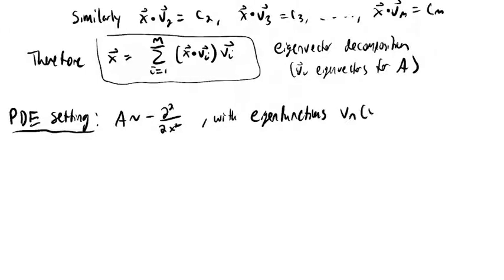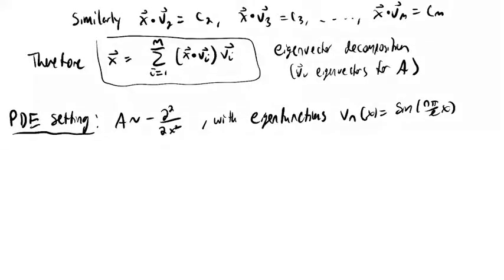So vn of x is equal to sine of n pi over L times x. Notice in particular that the eigenfunctions are indexed by integers, so n ranges from 1 to 2 to 3 and so on up to infinity.